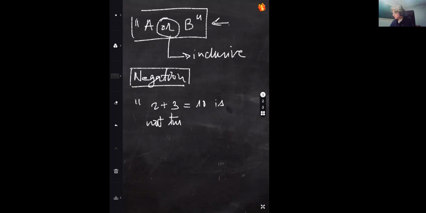So this negation is true, right? Of course, we could have made it much shorter by writing 2 plus 3, which is not 10, right? But it's the same thing.